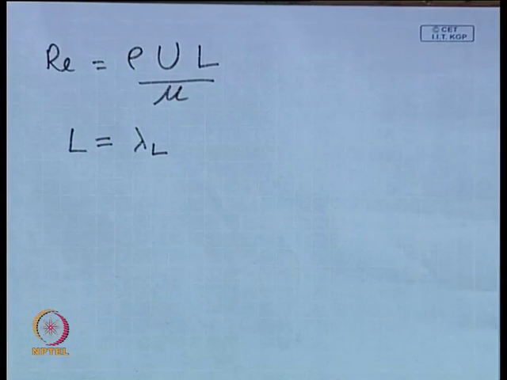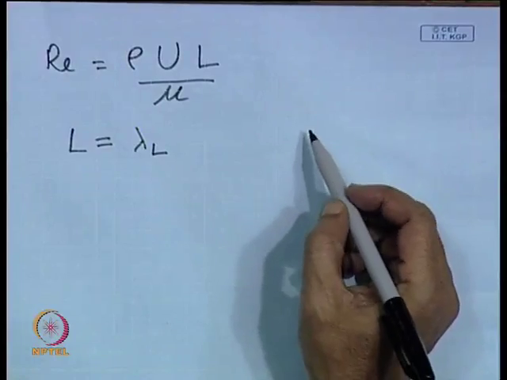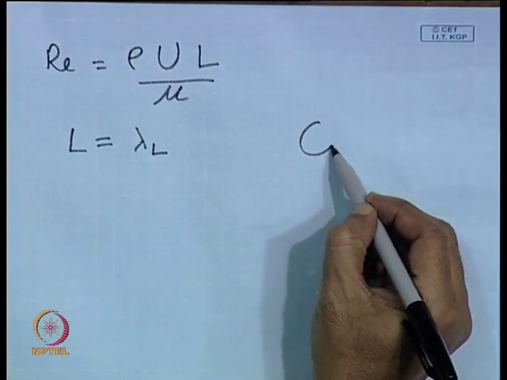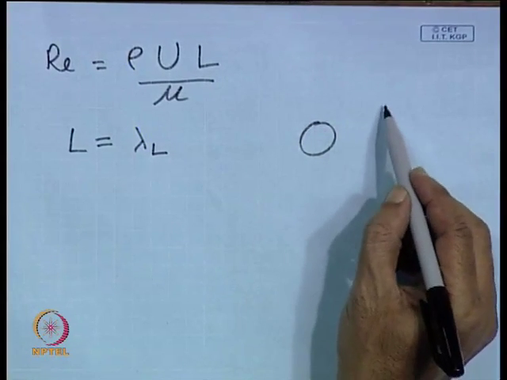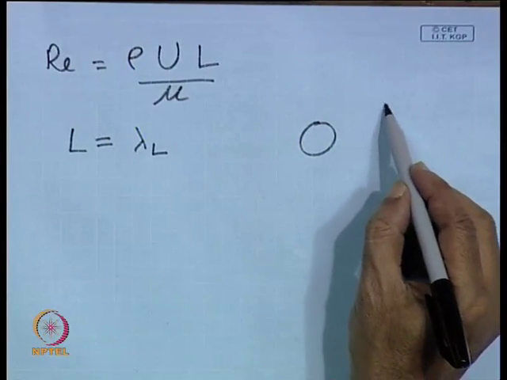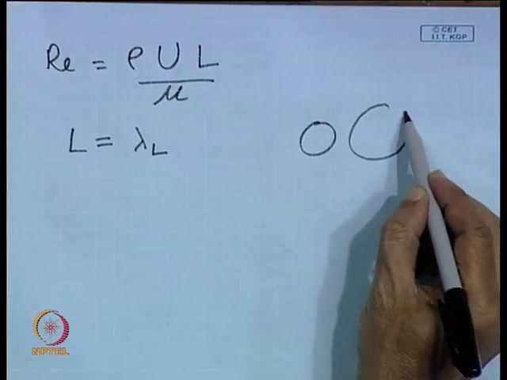Physically, what is it? Before constructing this model, people have done a number of experiments. What people have seen is that boiling heat transfer really does not depend on the physical dimension. What do I mean to say? Suppose you take a circular cylinder and you have some boiling heat transfer on it, and you take another circular cylinder of larger diameter.